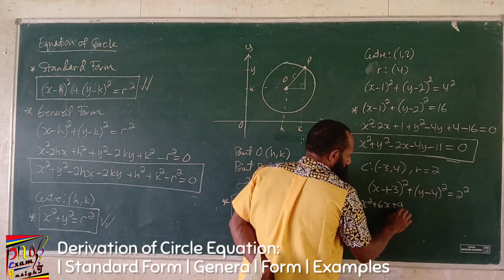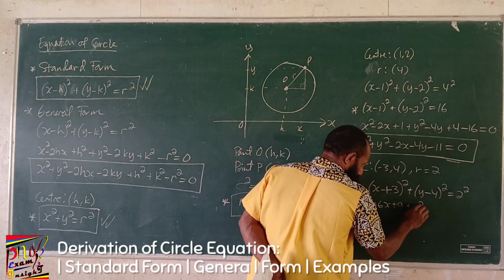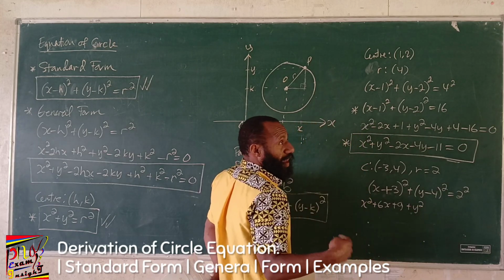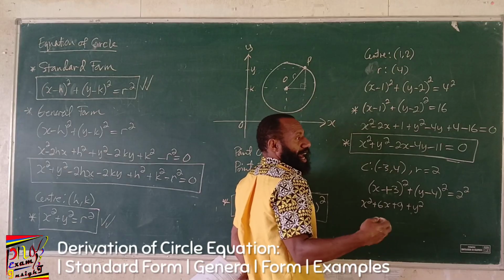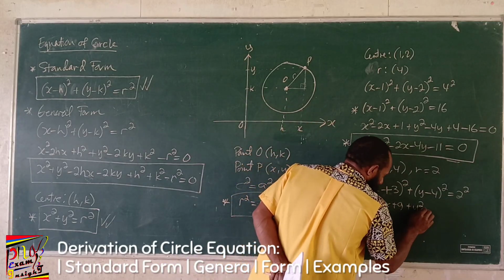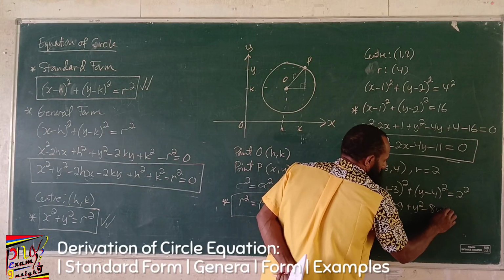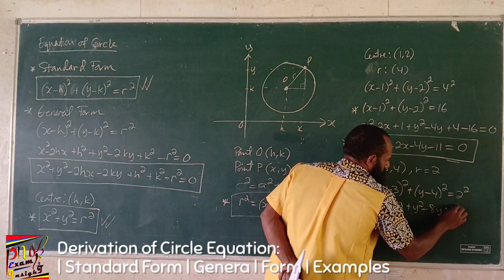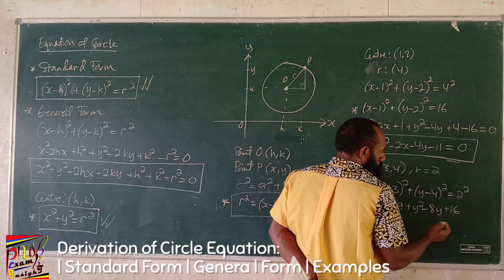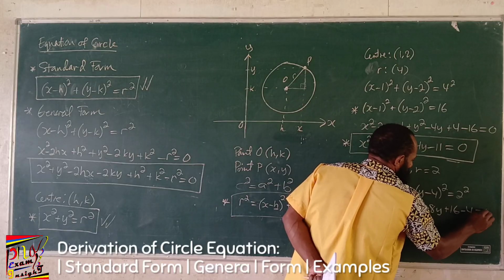Next, y squared, plus 16, minus 8y. And 2 squared we know is 4. When you bring it over it becomes minus 4.